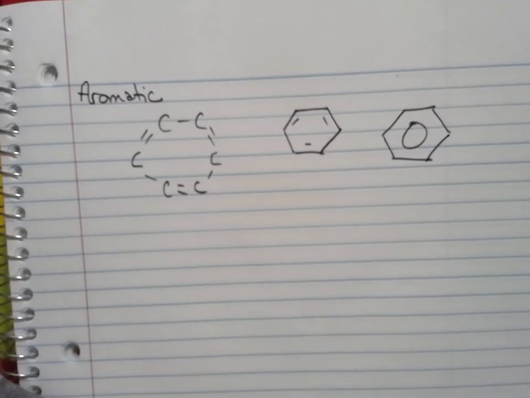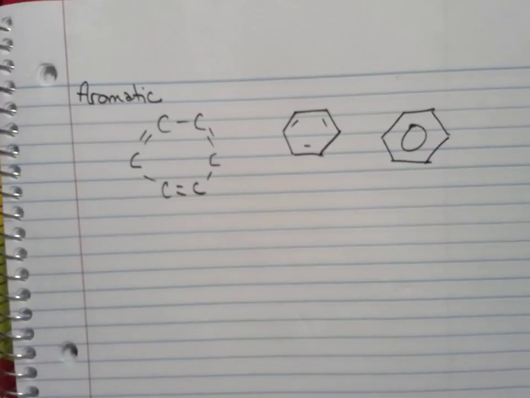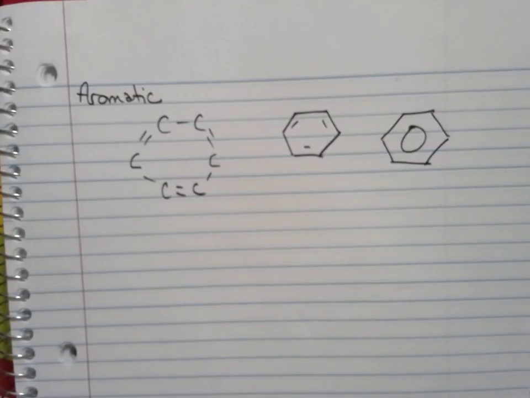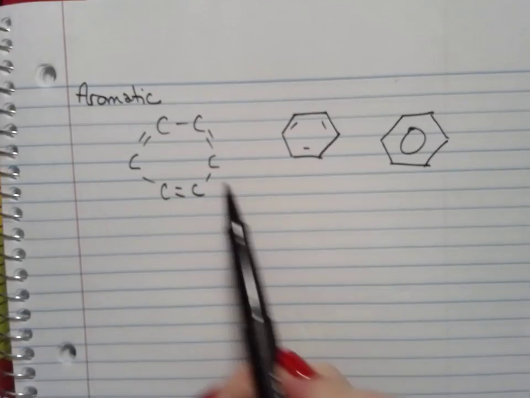And the reason that it has a circle in it is because, remember, electrons can become delocalized, meaning that they do not have to stay in one place. And so whenever you have some structures that contain double bonds, sometimes those double bonds shift between certain carbons.